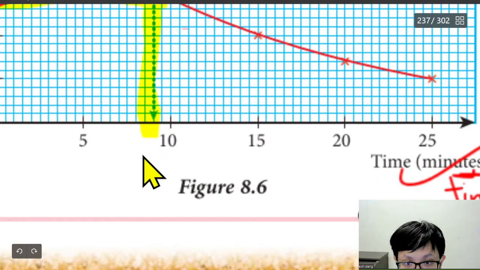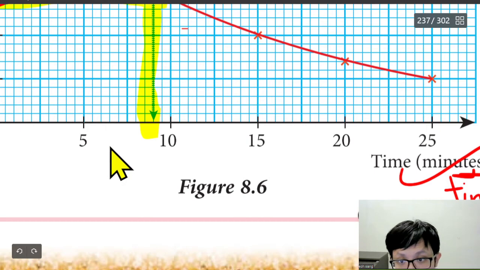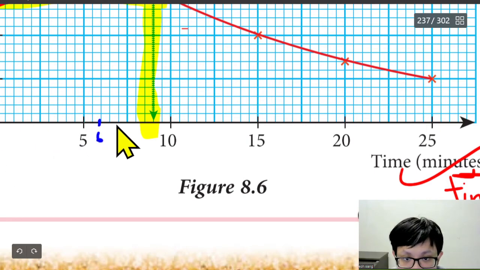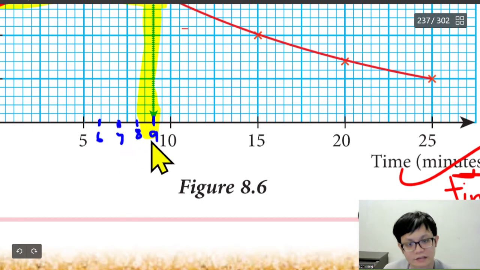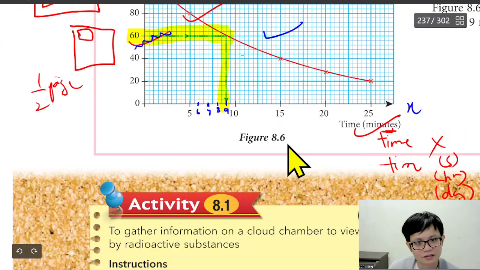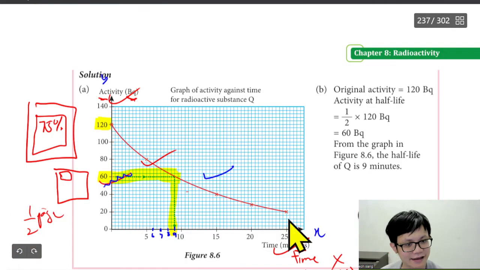He drew it wrongly: 5, 6, 7, 8, oh, this is 5, 6, 7, 8, oh it's 9, sorry, I thought it's 8. Sometimes you see, this is an example of a mistake students will make, so I just show some examples for you guys to see. It is 9 and not 8, so make sure you draw properly and label properly.